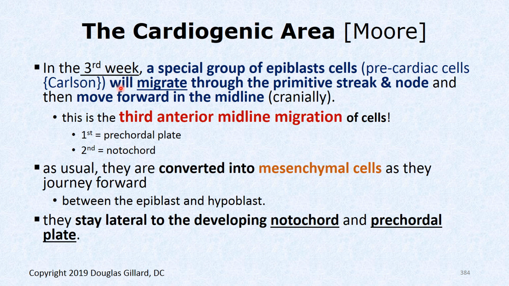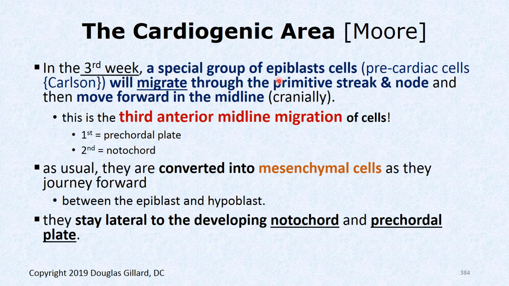In the third week, we talked about, let's back up. We talked about precordial plate was one of the first streams of mesenchymal tissue streaming between the ectoderm and endoderm in the midline. Then we got another stream of tissue, stream of cells right in the midline. This is a third stream of tissue in the midline.